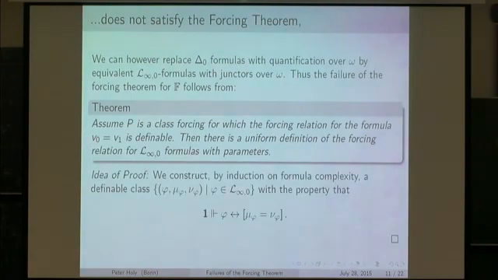And the idea of this proof is that by induction on formula complexity, we construct a definable class of triples phi together with two names, mu phi and nu phi. Phi is an infinitary formula with the property that one forces phi holds if and only if those names are equal. So perhaps there should be brackets on these sides here. So this reduces checking whether phi holds to checking whether two names are forced to be equal.